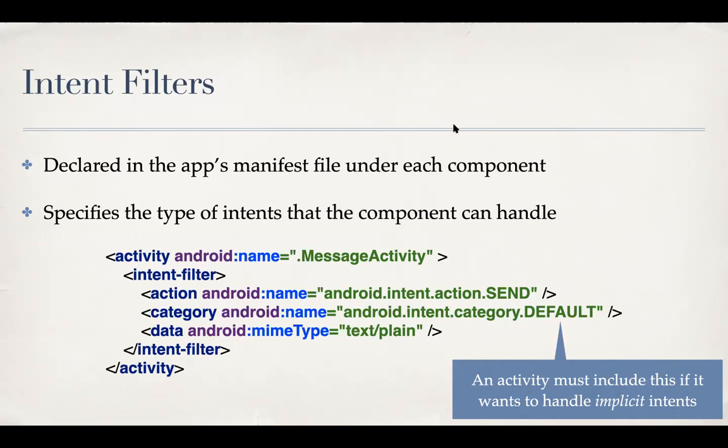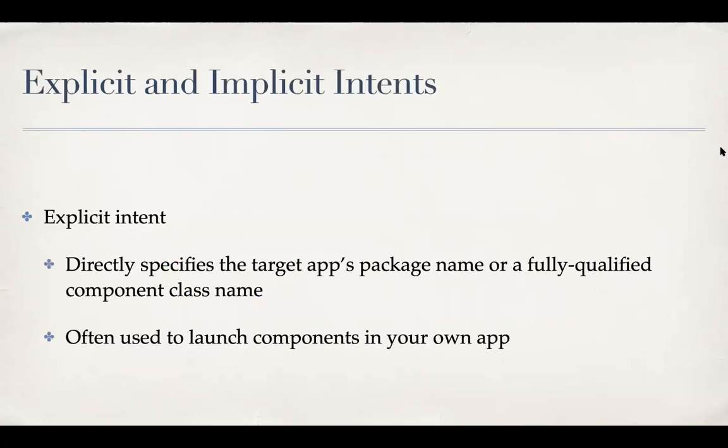Now let's look at these two different types of intents, explicit and implicit. Explicit, as the name suggests, lets you directly specify the target app's package name or the class name of the component itself. So if you know that, which you will inside your own app, you can just specify that particular component's name and launch that specific component, for example, the activity.